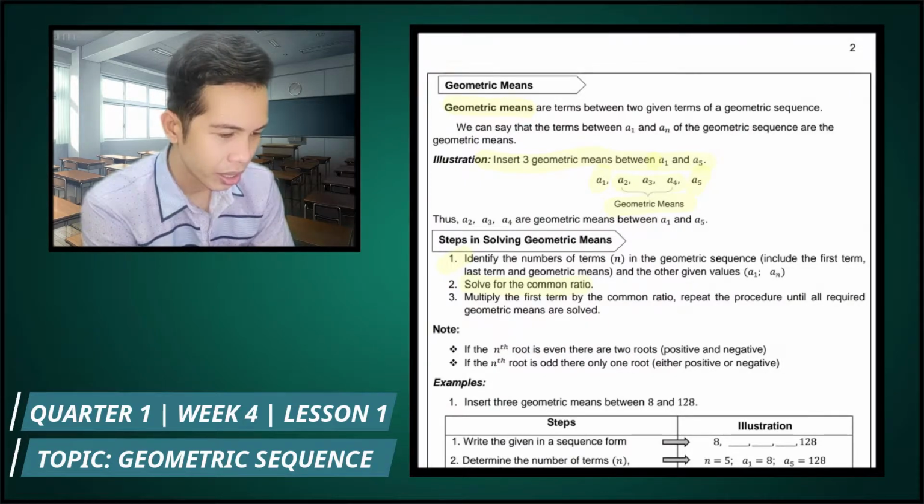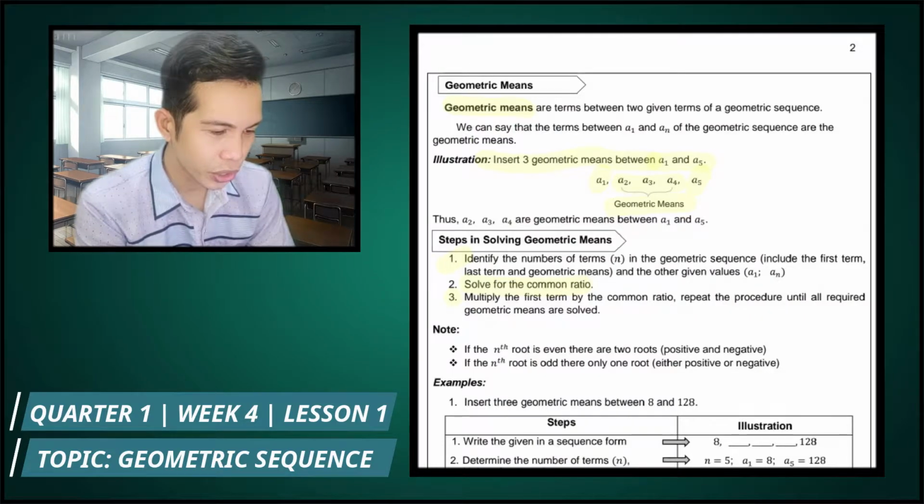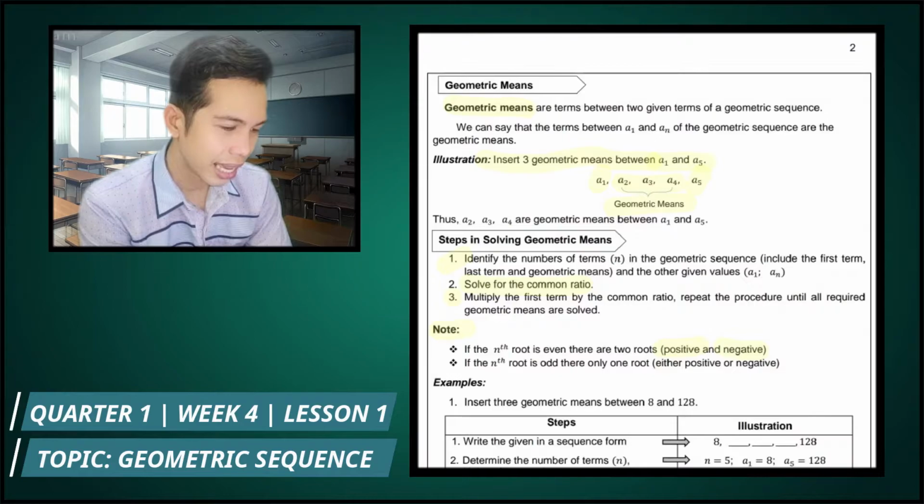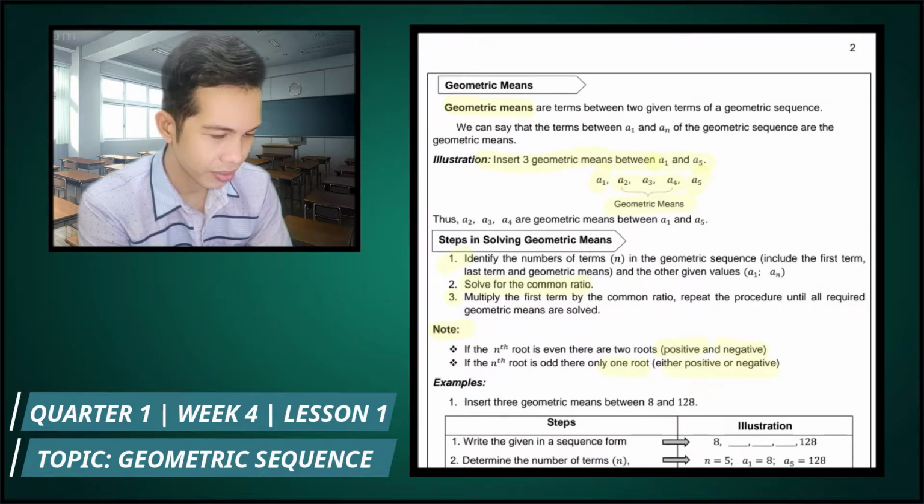Number 3, multiply the first term by the common ratio. Repeat the procedure until all required geometric means are solved. And we have here a note: if the nth root is even, there are 2 roots, positive and negative. Second, if the nth root is odd, there is only 1 root, either positive or negative.